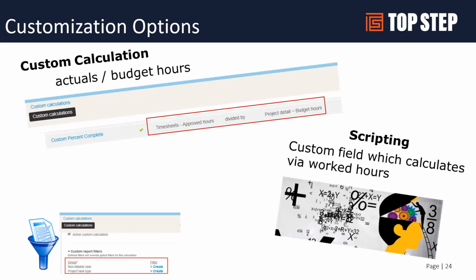So maybe you have some filterable like task type, or factor in or out non-billable tasks, and you'll be able to run a report on a custom percent complete. Now, the downside of this is you can't use these as a manner of forecasting or revenue recognition, but you can use these in reports.